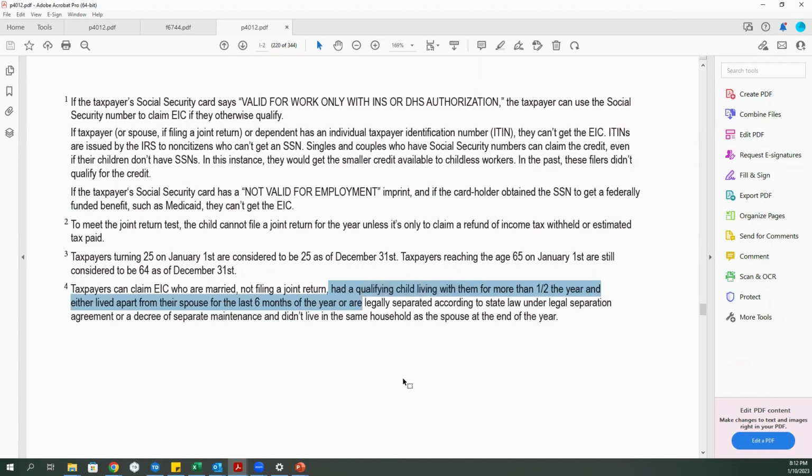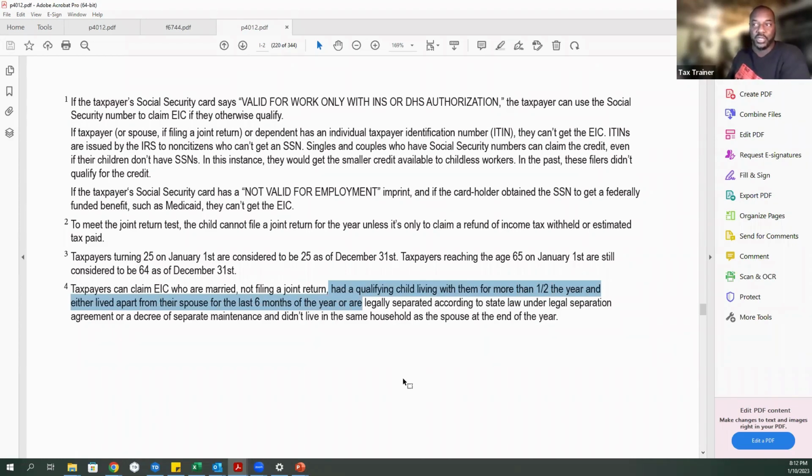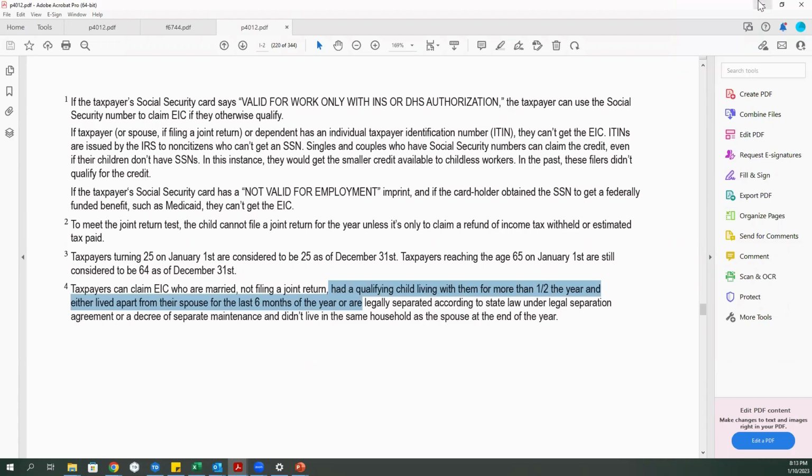Right. This is a new rule that got put in last year, and they kept it. Oh, wow. Before last year, married filing separately killed you no matter what your situation was. But now they have that little wiggle for if you left your spouse and they were not with you the last 6 months of the year, you're good to go.